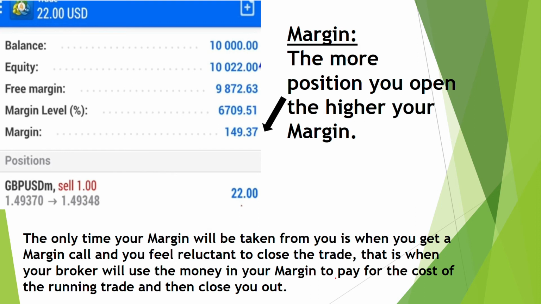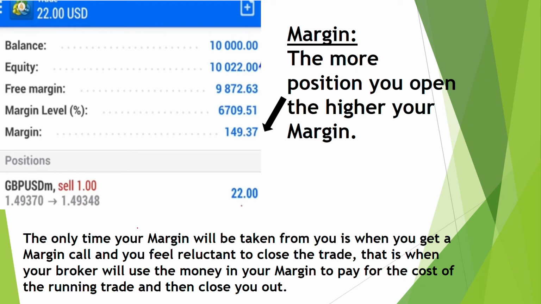The more positions you open, the higher your margin. If you open multiple positions here, your margin will be multiplied. So the more positions you open, the higher your margin. Remember, your margin is the down payment you gave to your broker.